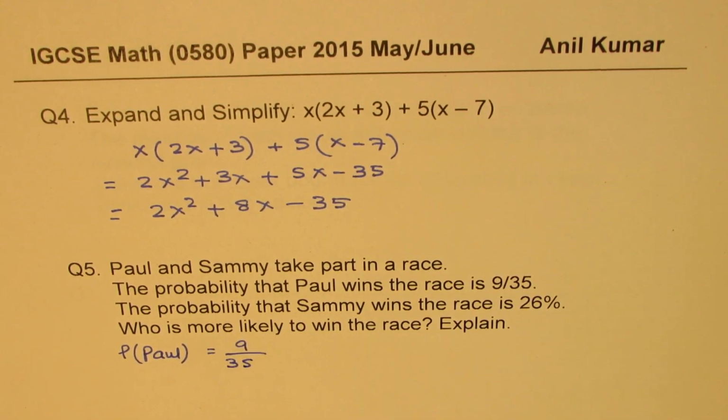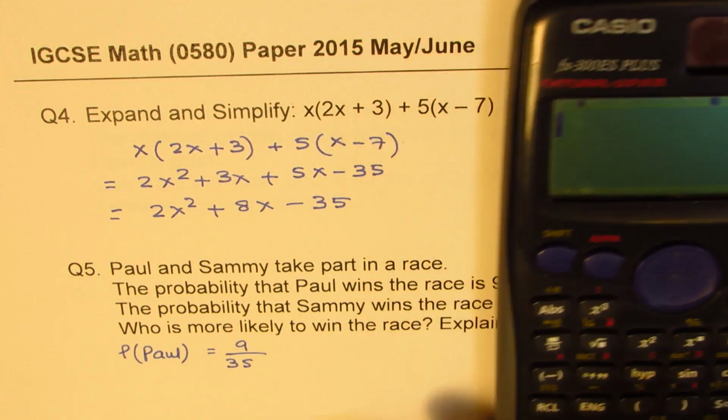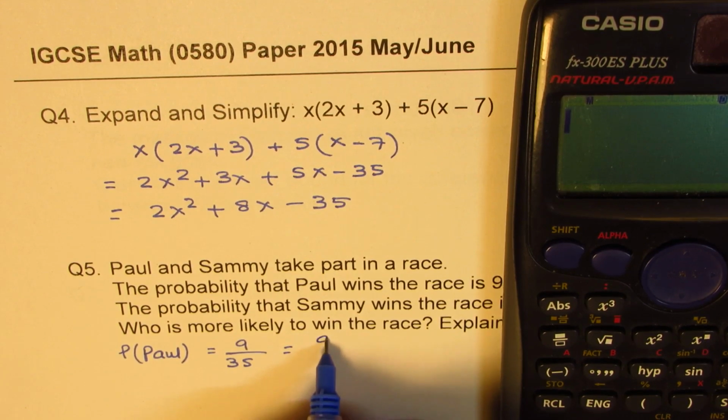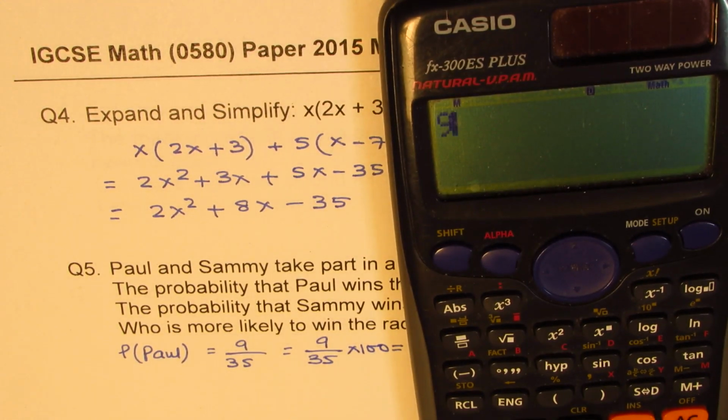Let's convert this to percent. In percent, I could write this as 9 over 35 times 100.